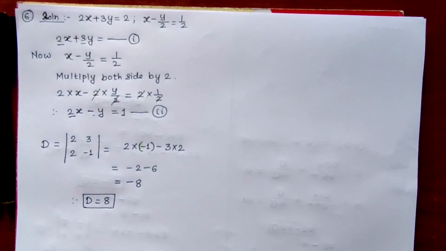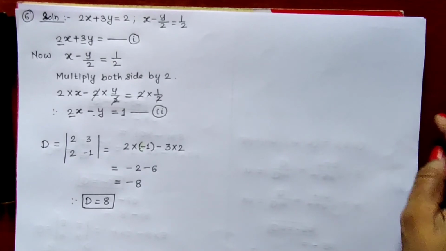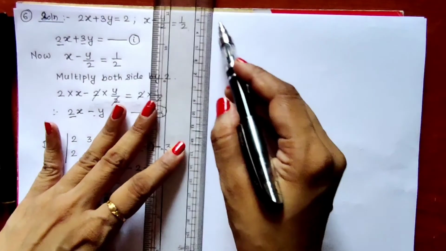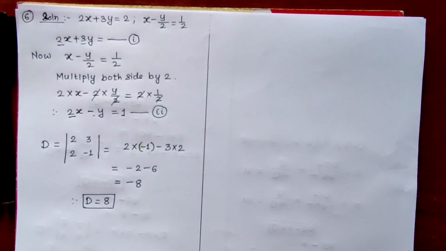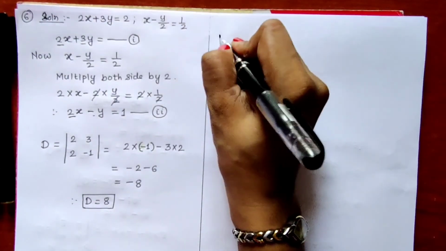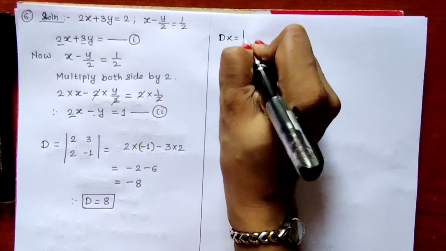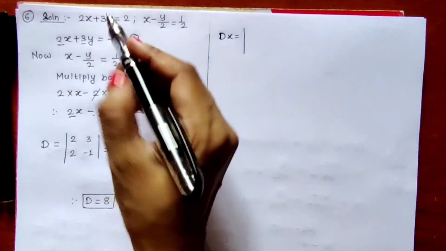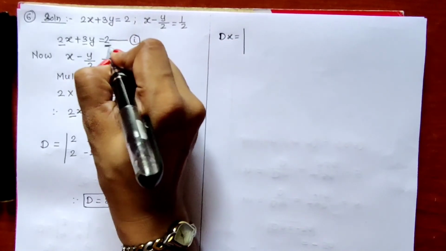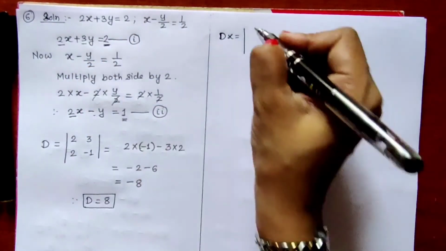Now let us get Dy and Dx. First we will have to get Dx. Dx is the constant. Constant is 2x plus 3y is equal to 2 is there, correct? Constant is 2 and 1.